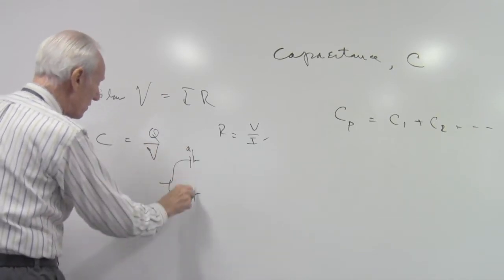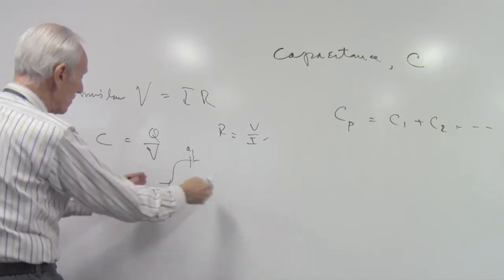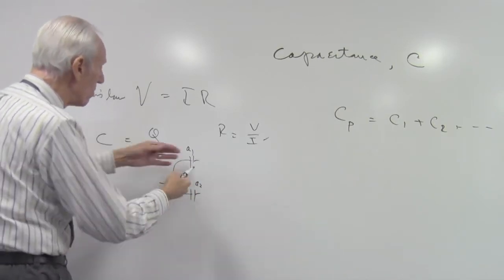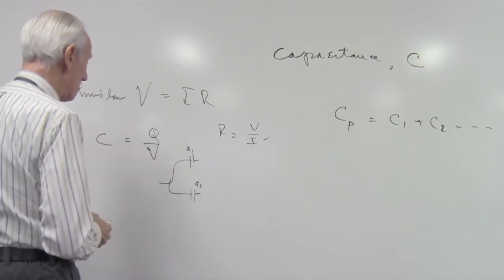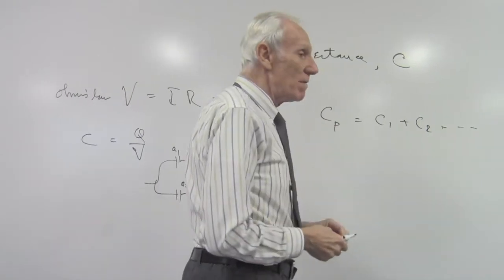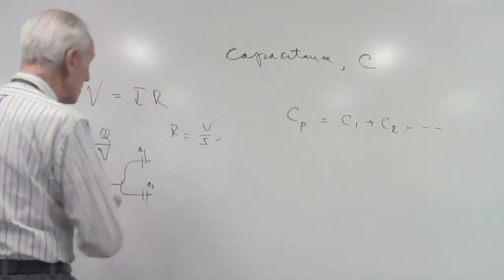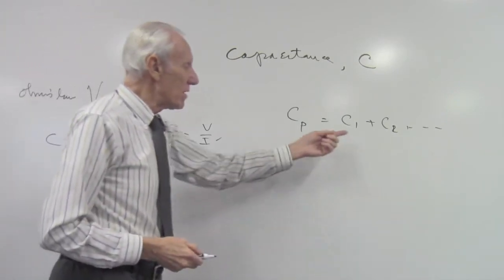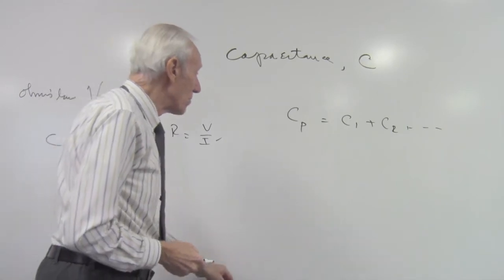This is charge Q1, this is charge Q2. The charges increase at the same voltage because you have more places, more plates for the charges to pile up on. So capacitors in parallel add directly. There's more places for charges to go, so the capacitance goes up the more capacitances you put in parallel.